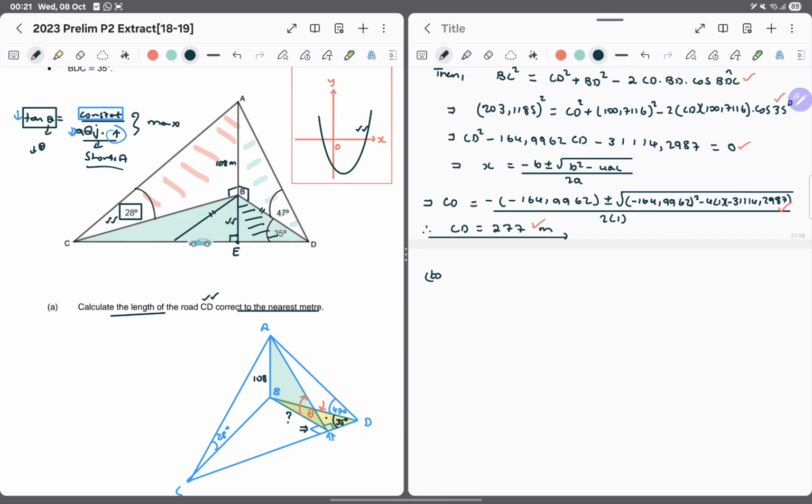So we can say, let point E be directly opposite B such that BE is perpendicular to CD. That's the first thing, because once we get that distance, then we work out in this triangle.